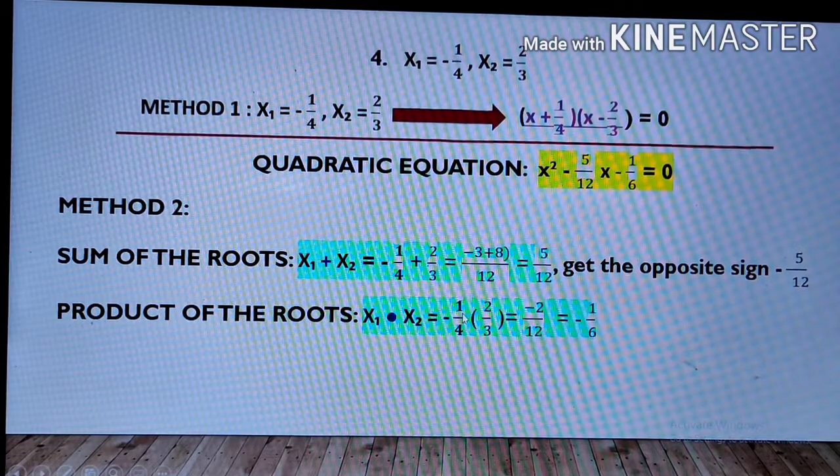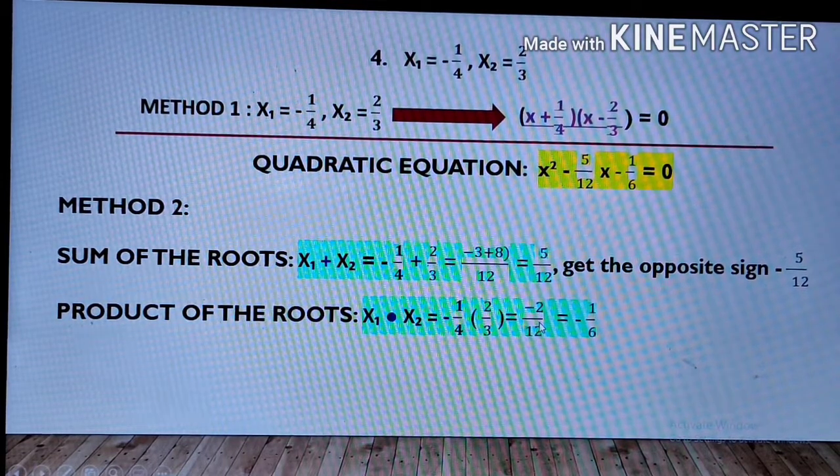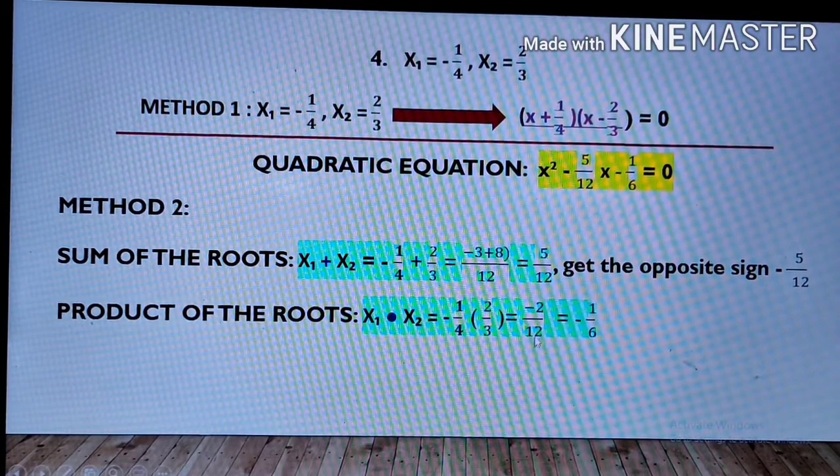Negative times positive is negative. So negative 2 over 12 is equal to, same as what we did in method 1, we divide the numerator and denominator by 2. So negative 2 divided by 2 is negative 1, then 12 divided by 2 is 6. So therefore, the answer is negative 1 over 6.